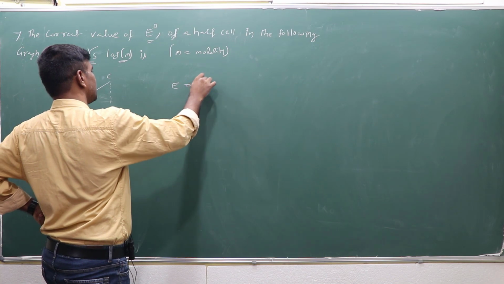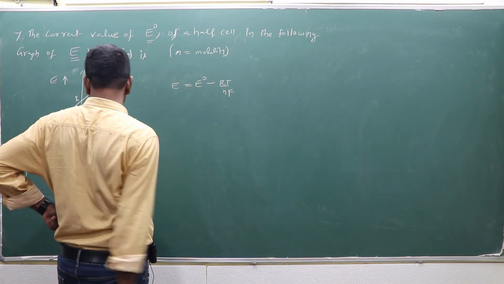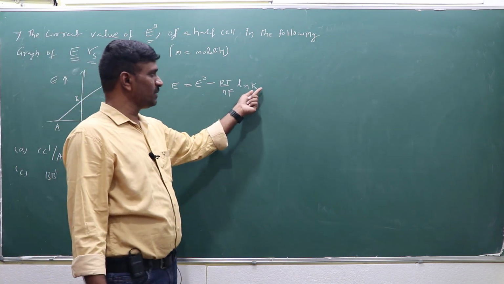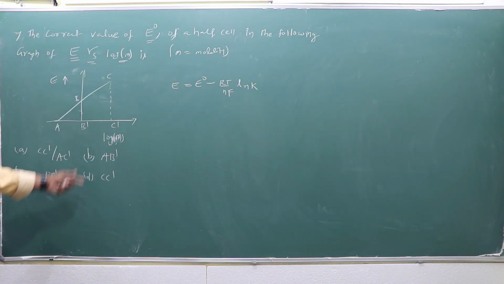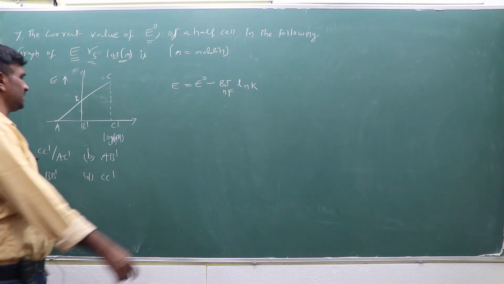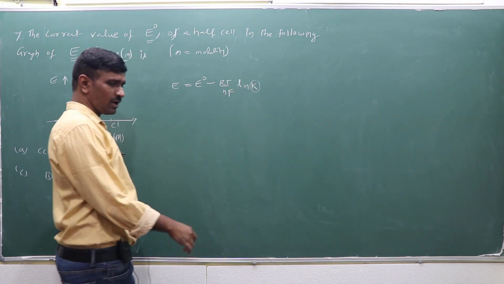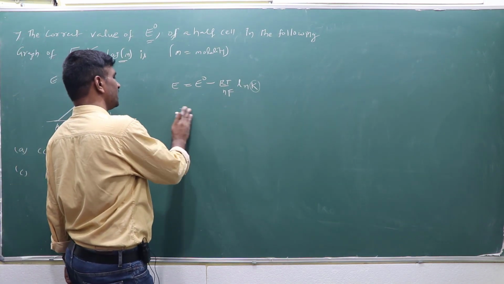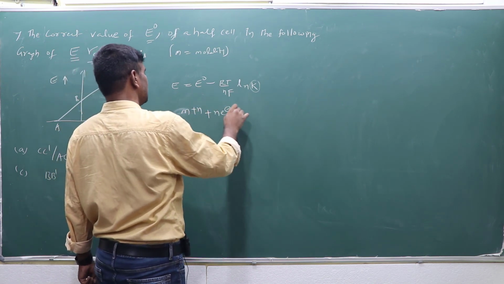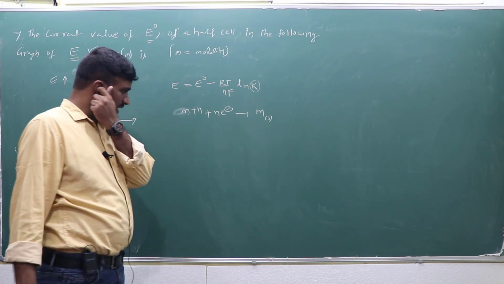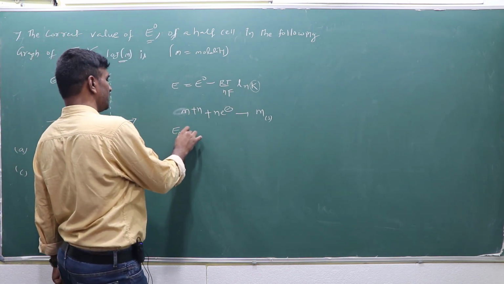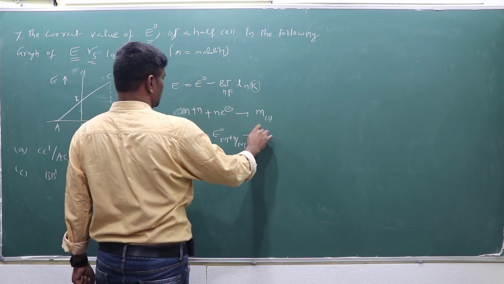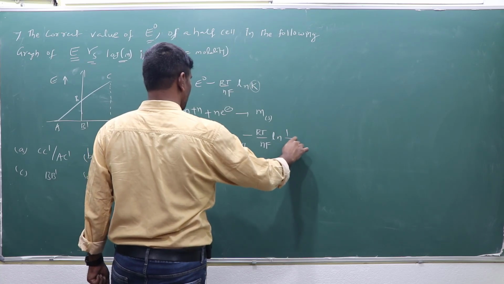According to the Nernst equation, E is equal to E naught minus RT by NF ln K, where K is the product concentration by the reactant concentration. For the reduction reaction M plus N going to M, E is E0 of M plus N going to M minus RT by NF ln 1 by M plus N.